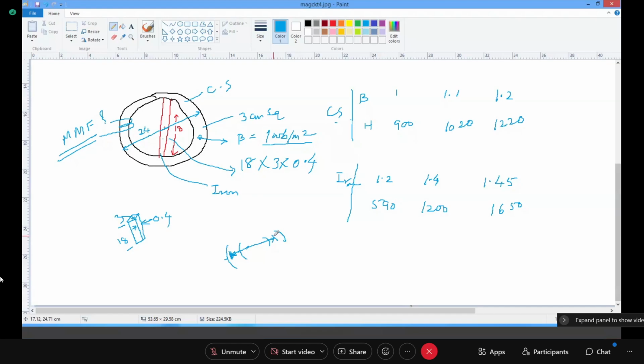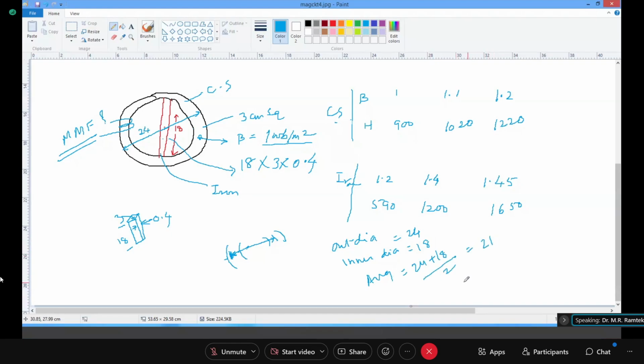See, this outer diameter is 24. So what will be the inner diameter? Outer diameter is 24. And what will be the inner diameter? 18. It is 18. So average diameter is 21. 24 plus 18 divided by 2, which gives me 21.